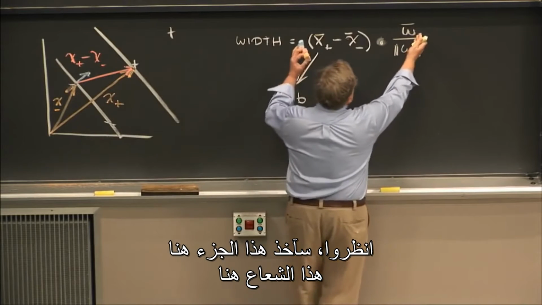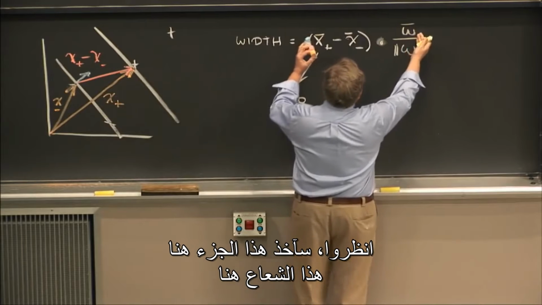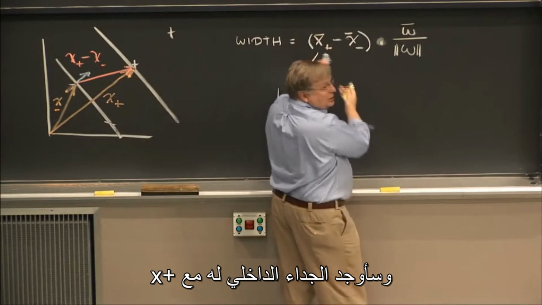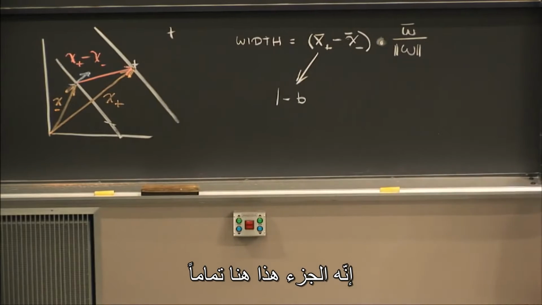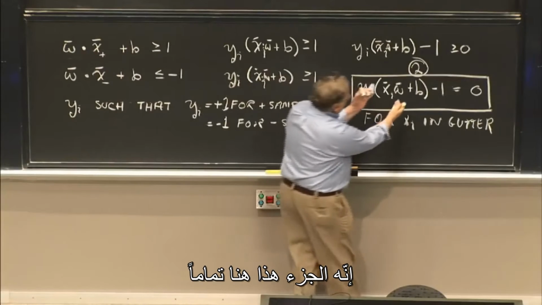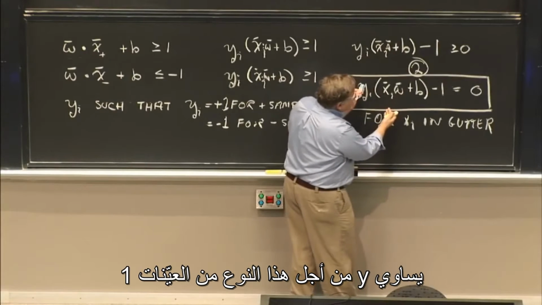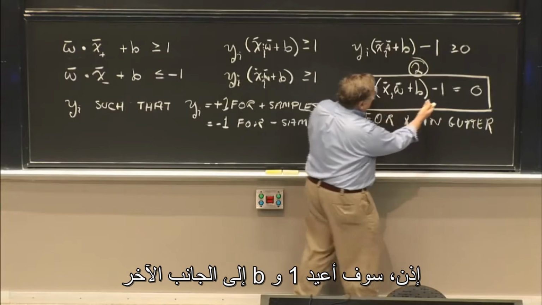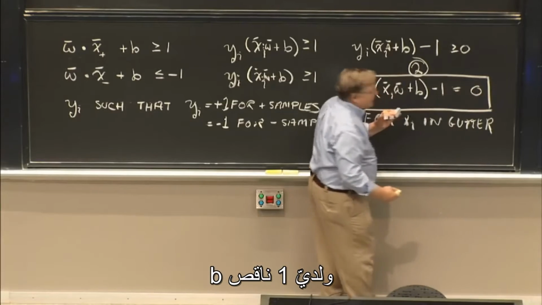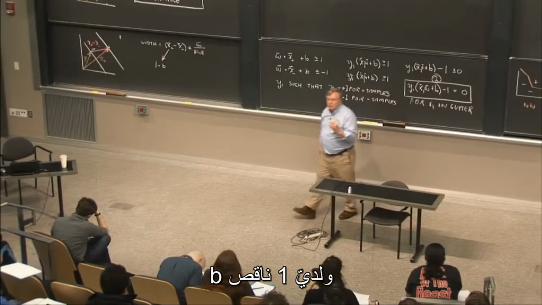See, I'm just taking this vector here and dotting it with x plus. So that's this piece right here. y is 1 for this kind of sample, so I'll just take the 1 and the b back over to the other side, and I've got 1 minus b. Okay?